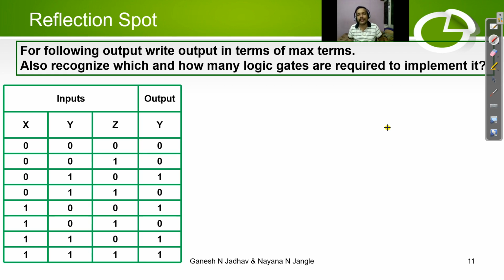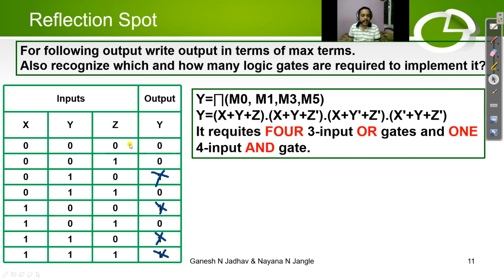Hope you have written the max terms correctly. What I have suggested is, where the output is 1, discard that term. Where the output is 0, write down the equation for that term. So see here, 0 0 0 output is 0, so x plus y plus z, so it is M0.